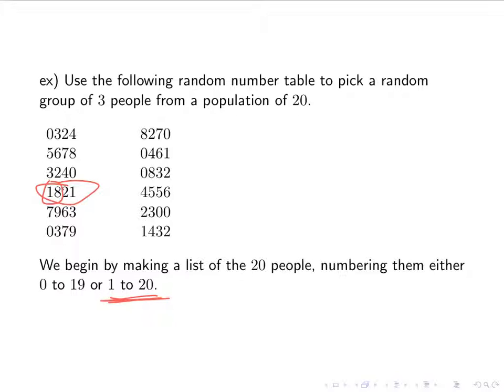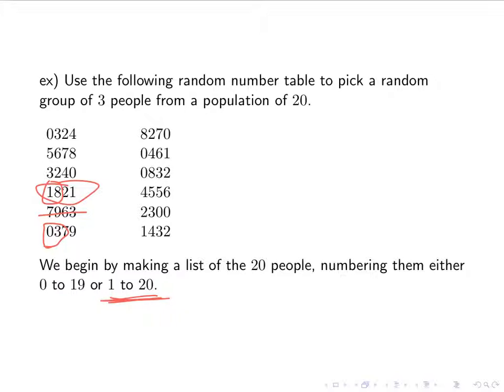Then I go to my next number, 7963, and I look at the first 2 digits, 79. Well, I don't have 79 people, so I cross that off, and I go to my next number, 0379. I look at the first 2 digits, 03. Someone on my list was number 3, so they are now included in my group of 3 people.